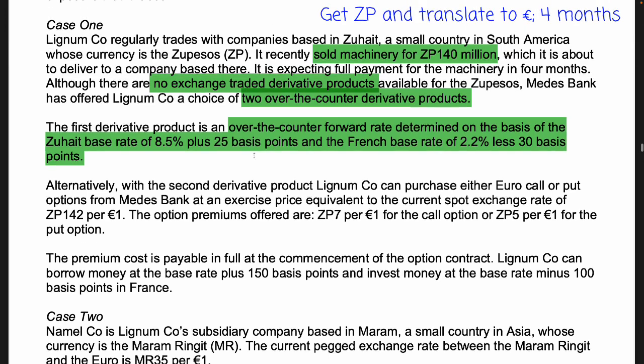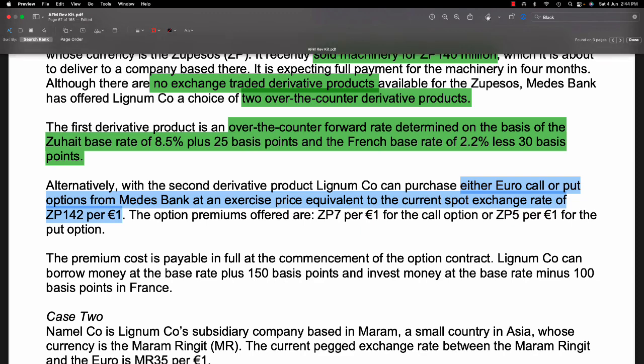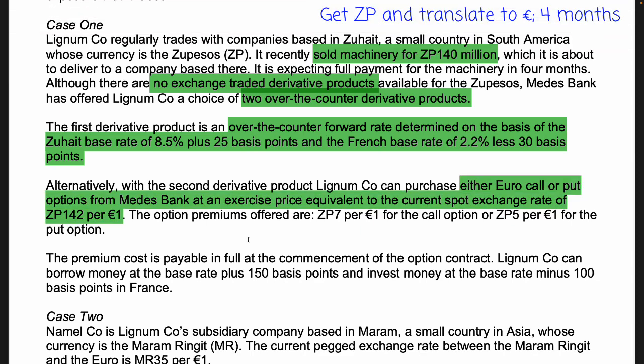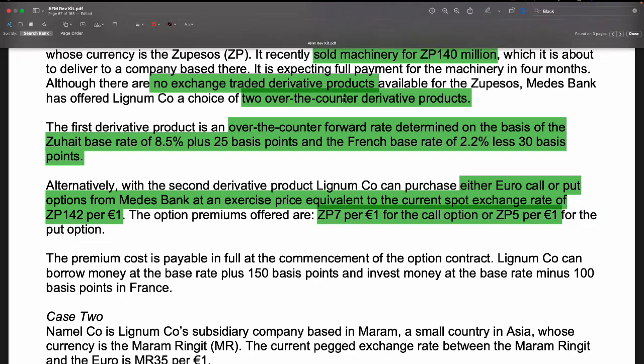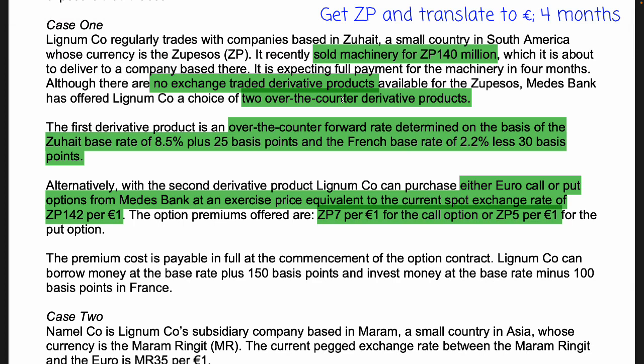Alternatively, the second derivative product Lignum can purchase is either a euro call or put option from Medis Bank at an exercise price equivalent to the current spot rate of ZP 142 per €1,000. The option premiums are ZP 1 per unit and the call premium is given. They already gave you the costing. So they gave you either an OTC option or an OTC forward.